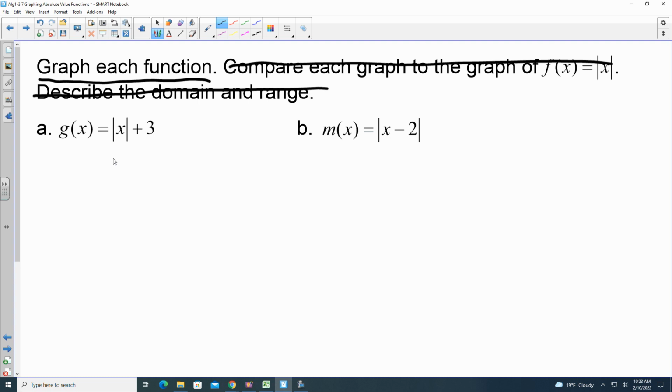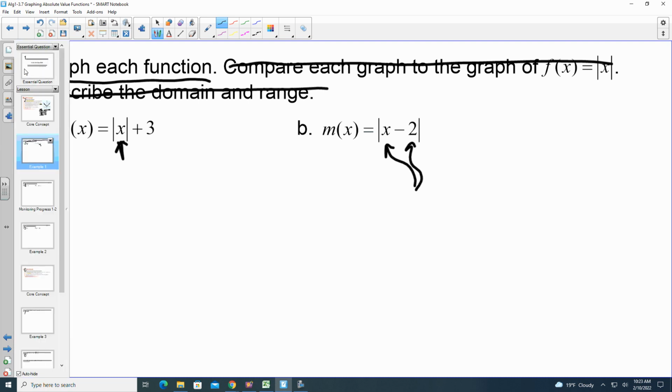Is it one term or is it several terms? In this particular instance, there's only one term inside the absolute value, and that's x. If you look here in B, we have two terms. We have x and we also have the minus 2. So that does change things a bit when we are looking at our graph.